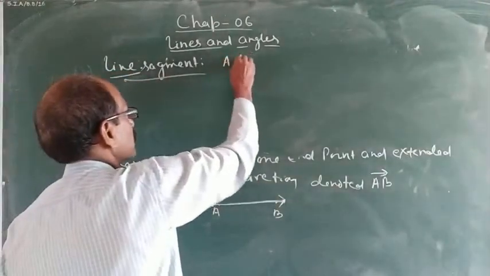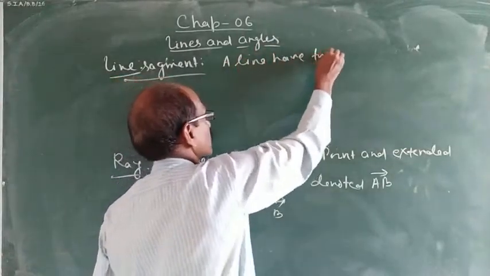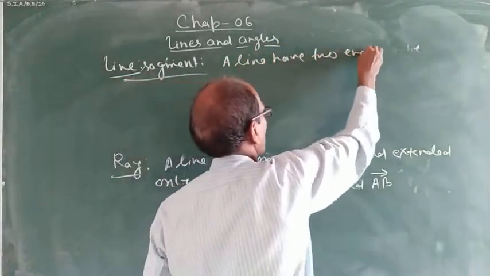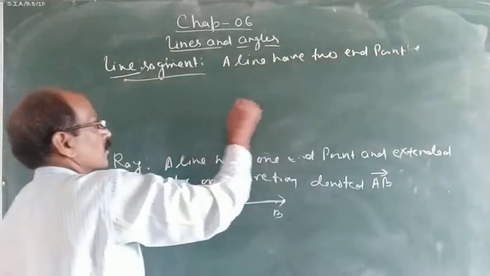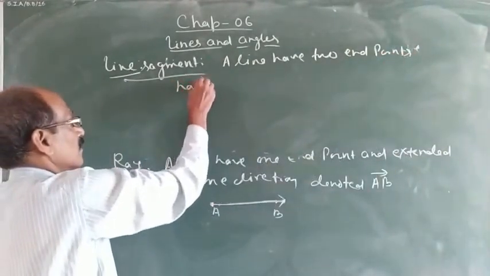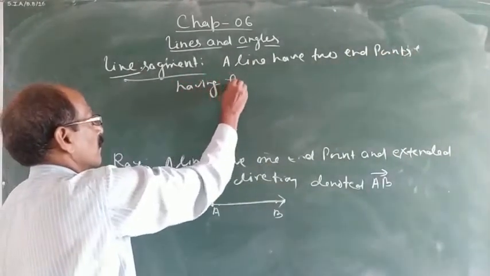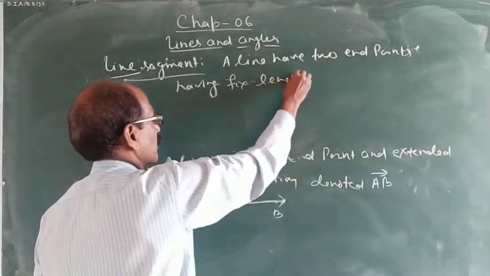A line having two end points, having fixed length.